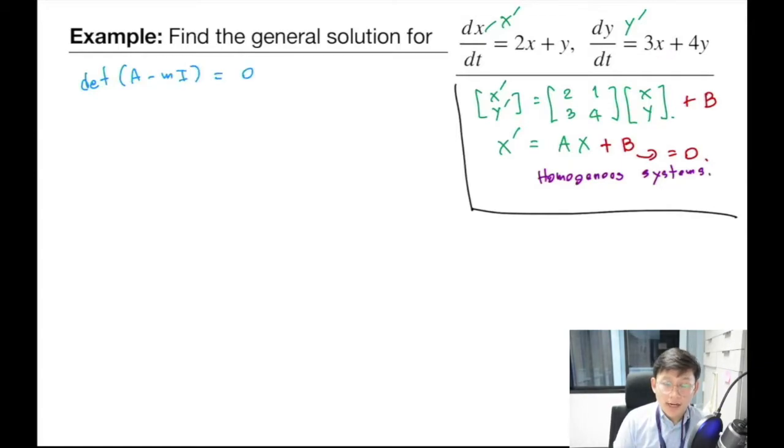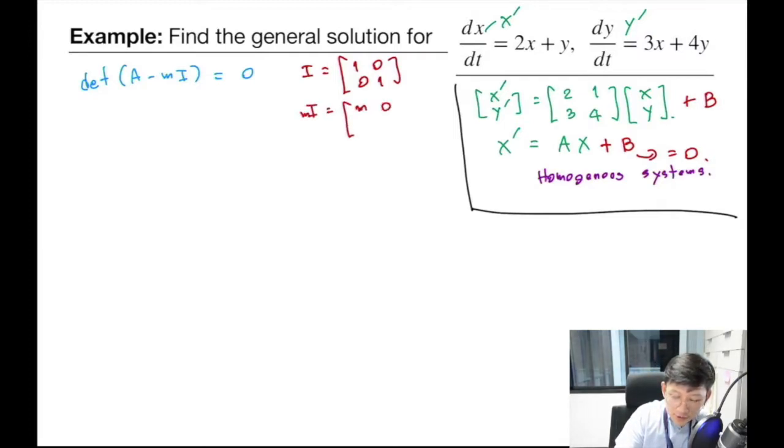And guys, don't forget I is the identity matrix. A right now is 2 times 2, the dimension of A is 2 times 2. So I would be 1 0 0 1, right? So mI would be m 0 0 m.